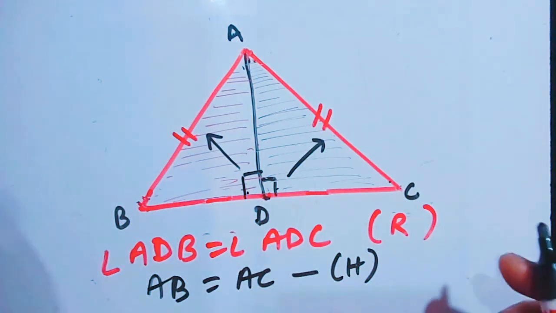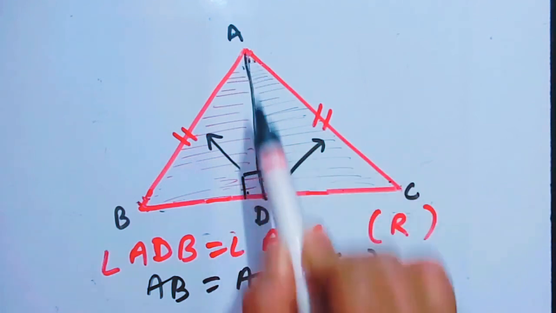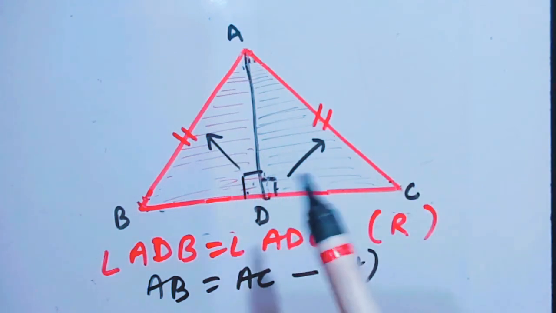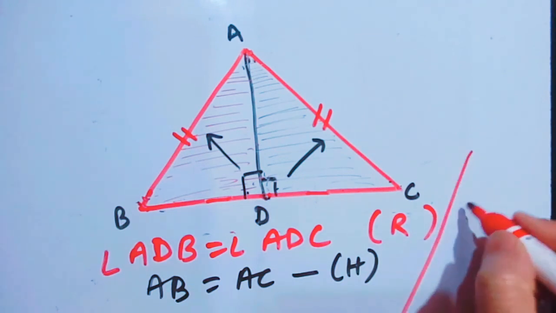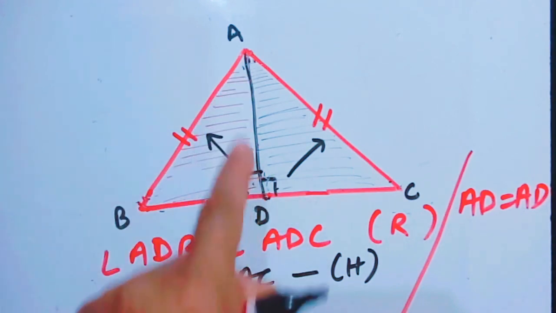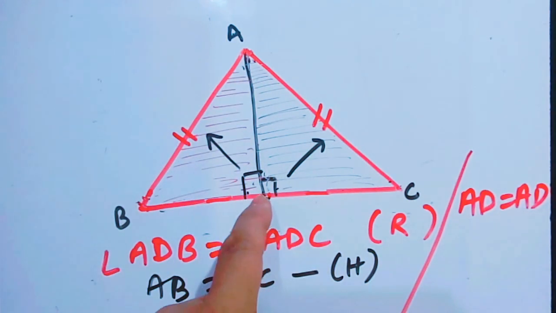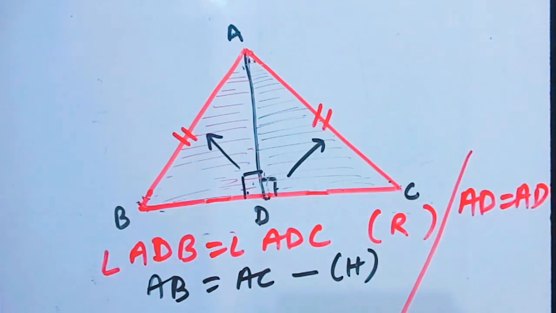Clear? Now the child finds that no other side is given, but AD over here is given common. So the child finds that AD is equal to AD. Triangle ABD is congruent to triangle ADC. Clear?